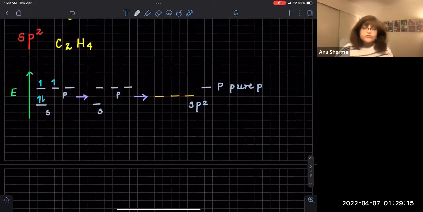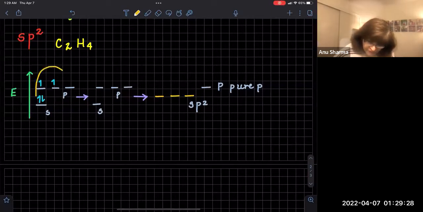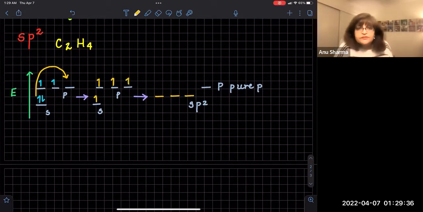Now we are going to look at the example of C2H4 in sp2. Here, as usual, the electron on the carbons is going to jump from the S to the P. When that happens, we have a singly occupied S and P orbitals.